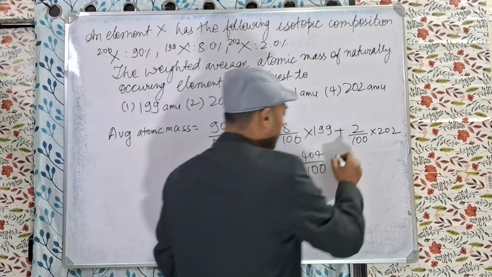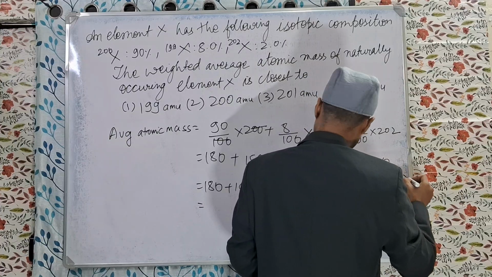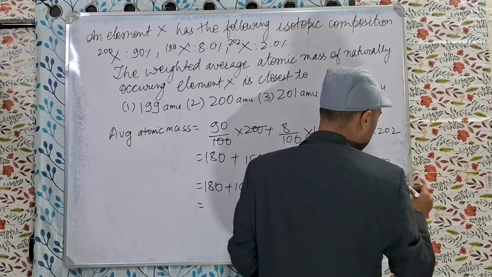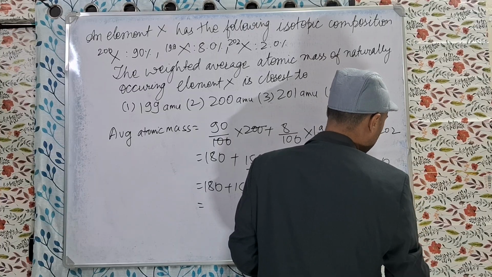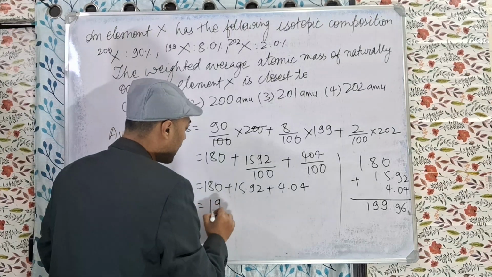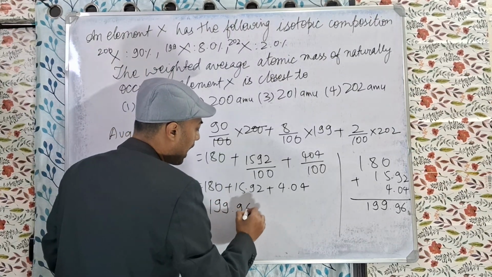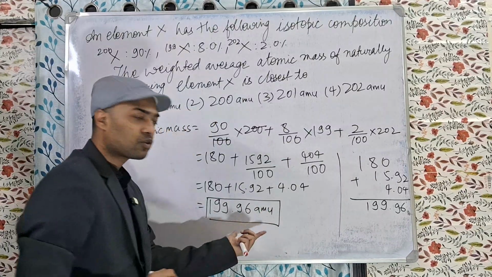Now add all of them. So we get 199.96 AMU.